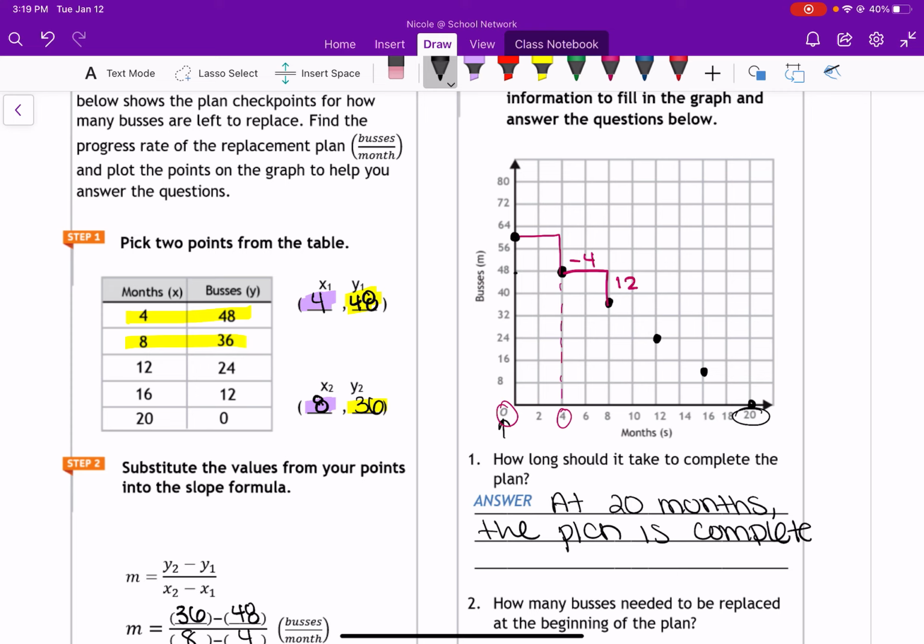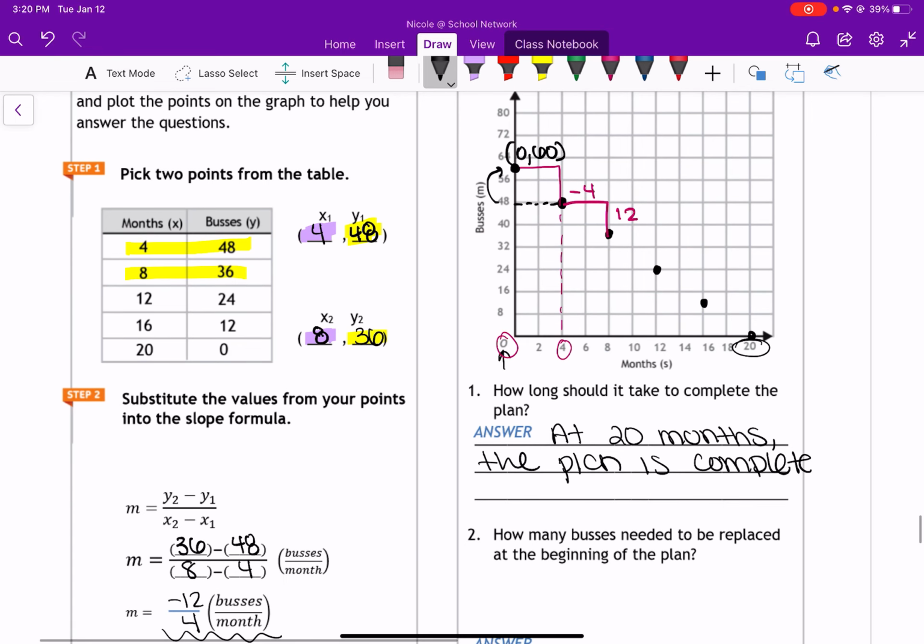So this was 48. 48 plus 12 is what? Is 60. So this is (0, 60) here. Or here you can do minus 4 plus 12 and get 60 at month 0, right?